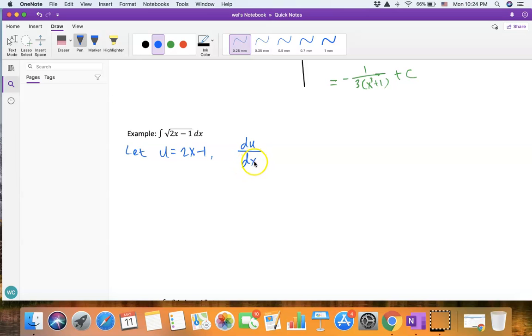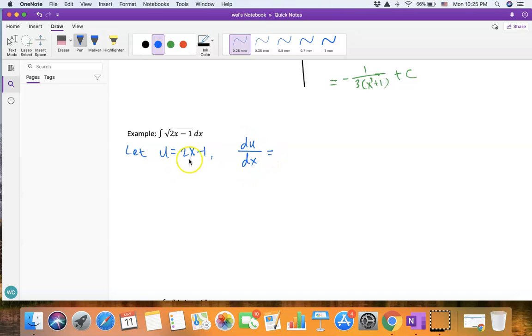Now this is very important. I saw some students when they do this, they miss this term dx. You don't want to miss this term dx because if you don't have dx, how can you substitute this dx in the integral? So remember, the left side is always du over dx.